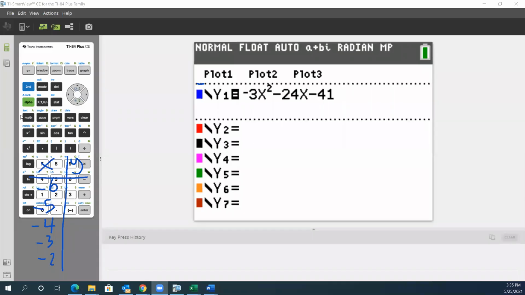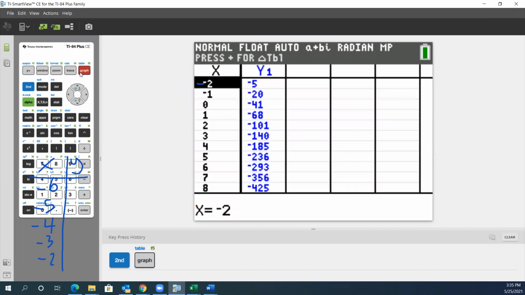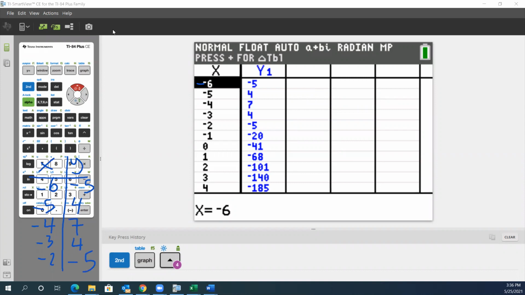So there's the function in there, and I can see all my y values when I plug those corresponding x's in. So -5, 4, 7, 4, -5. Okay, just using those 5 right there.